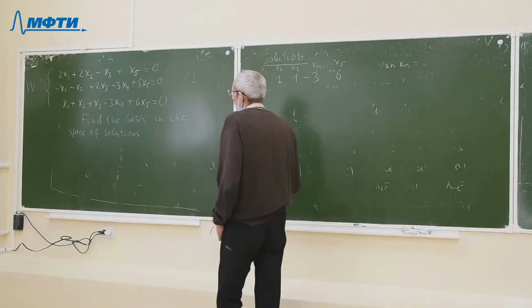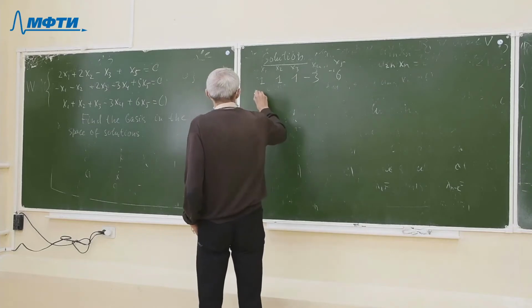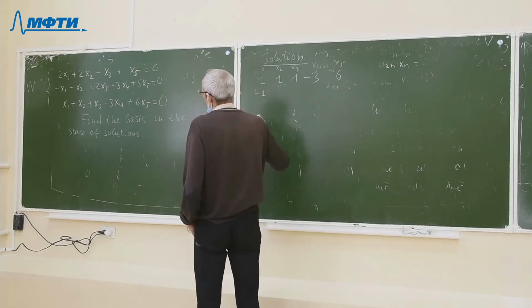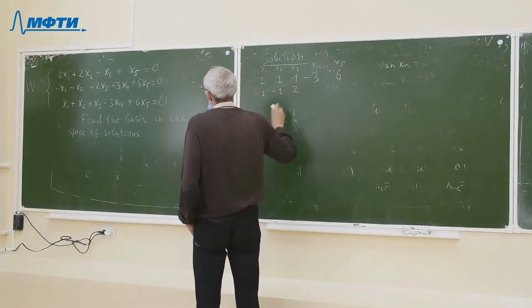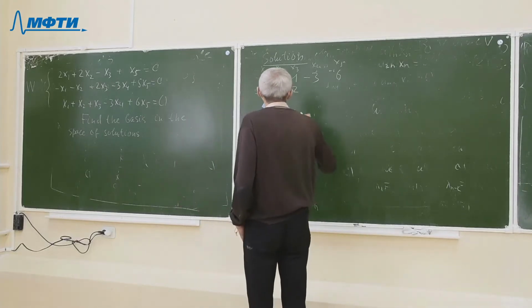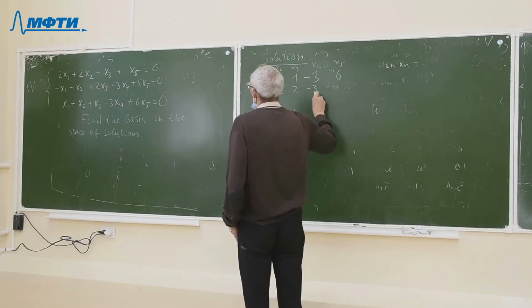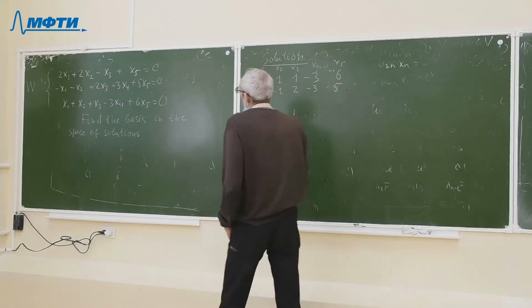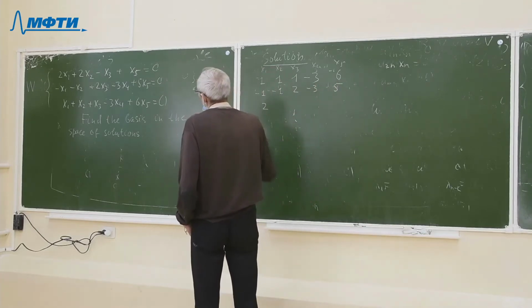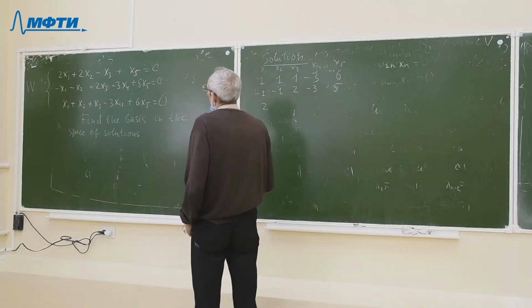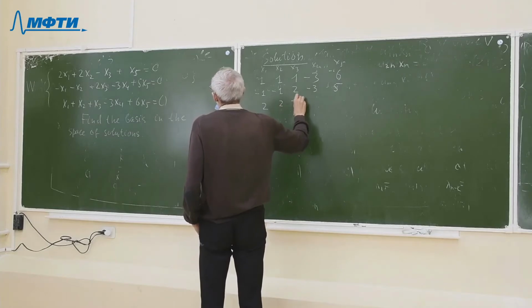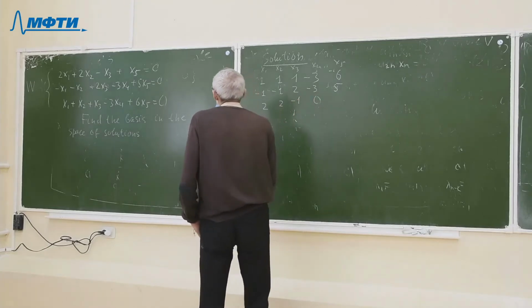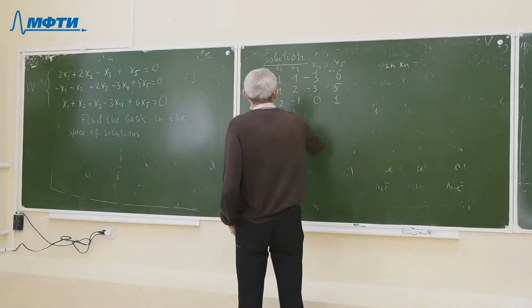The second row: minus 1, minus 1, 2, minus 3, 5, and last row: 2, minus 1, 0, 1.